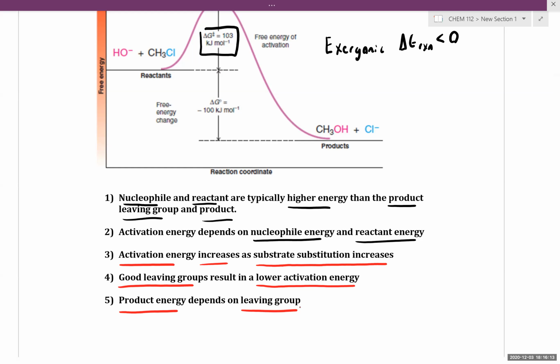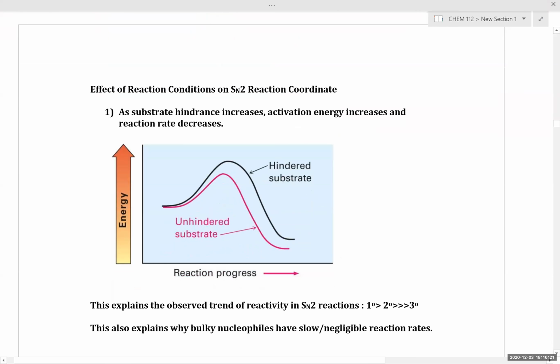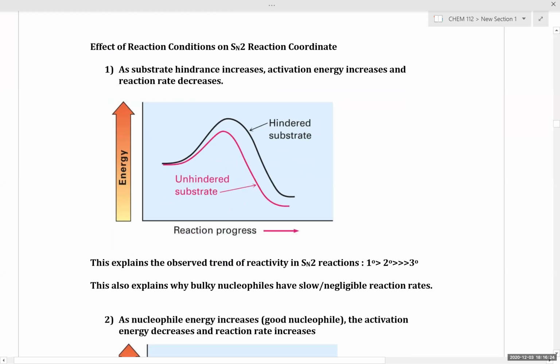Okay, so with this initial view of this energy diagram for the SN2 reaction, let's talk about unpacking the effect of reaction conditions on the SN2 reaction coordinate. First, let's talk a little bit about substrate hindrance.